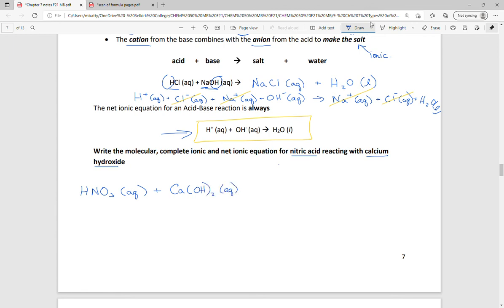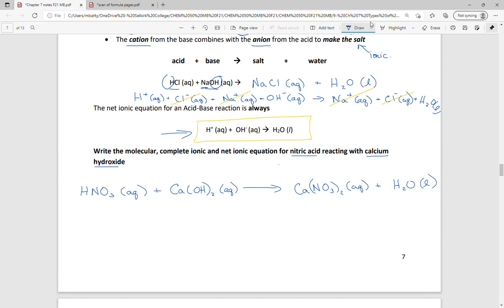Be patient with your nomenclature if it takes you a little bit. There's definitely a huge process in understanding how you write these. Now I'm going to practice this double displacement pattern. So calcium nitrate and water. Not HOH, right? That would really illustrate that double displacement reaction or pattern, but that should work. So that is my molecular equation.